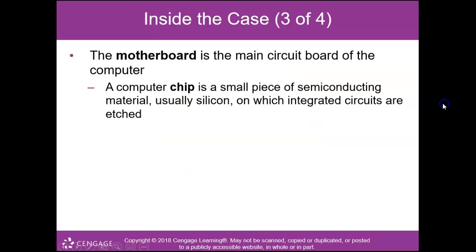A motherboard goes by many names. Sometimes it's called a main board, a main circuit board, a system board, a base board, a planar board, a logic board, etc. This is the main printed circuit board. A PCB is a printed circuit board, which is in general use on computers and other expandable systems. Every computer has this printed circuit board, and that's really the motherboard.